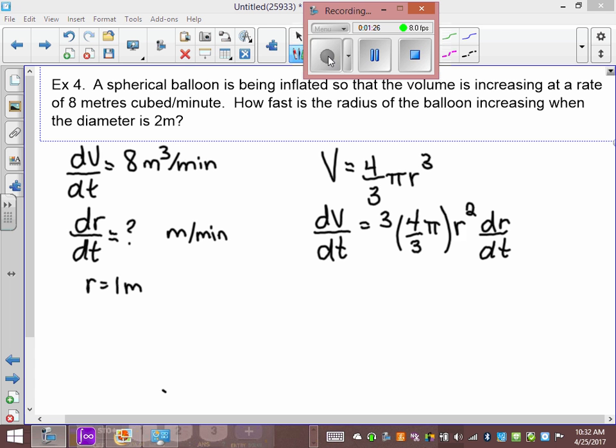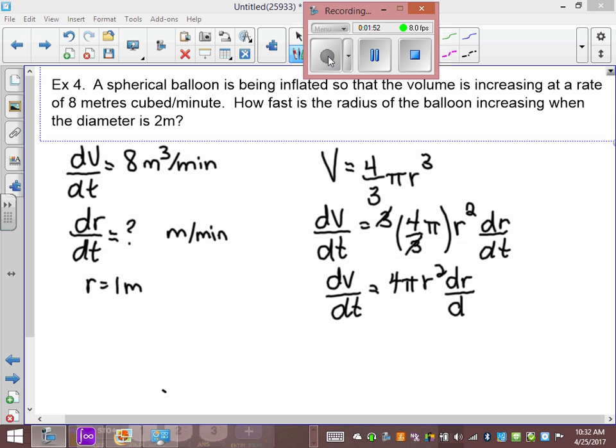If you wanted to treat this as an f and a g, you could use product rule, but that's terrible. Don't do that. Do power rule. Drop the 3 in front. These cancel, and you're left with dV over dt equals 4 pi r squared dr dt.